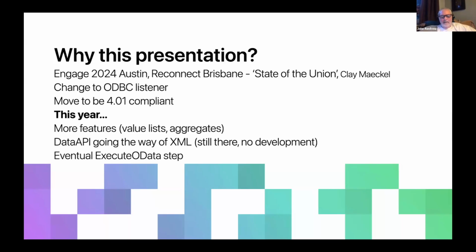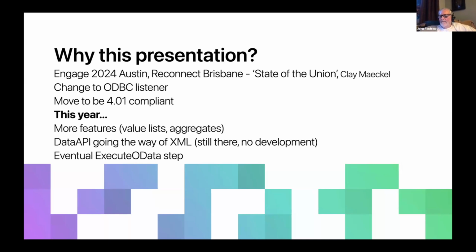And the big thing that he kind of sneaked in at the end was, oh, well, the data API just isn't going to get any further development. It's going to be like the XML gateway. It's there, it works, but we're never going to touch it ever again. OData is the way of the future. All new features will come in via OData.